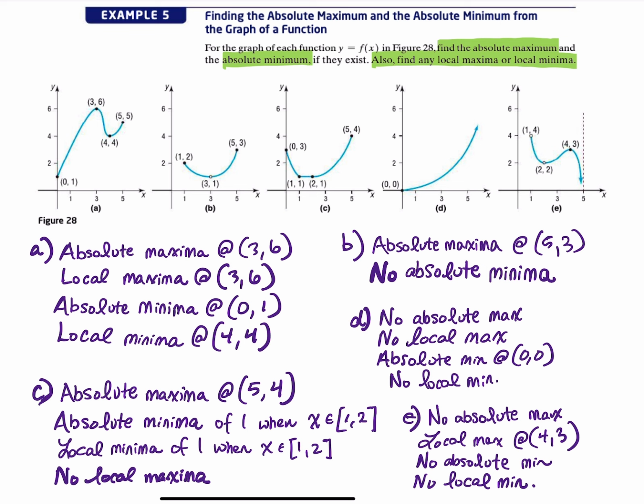So it might get slightly technical in defining if it's a local or absolute maxima, when can you claim it as a local one? So it takes a little bit of practice to get used to.